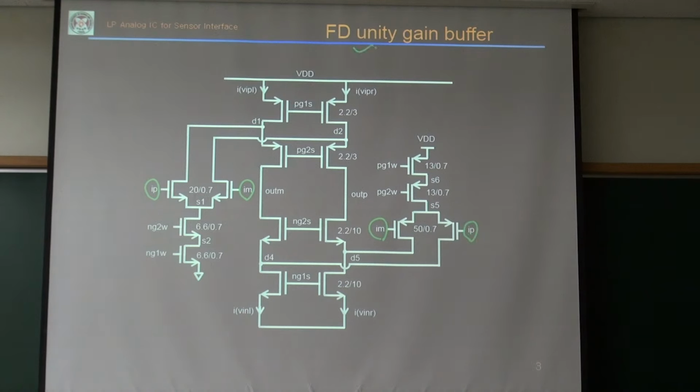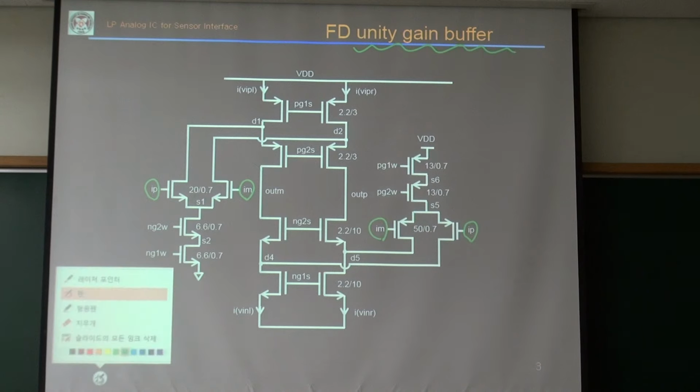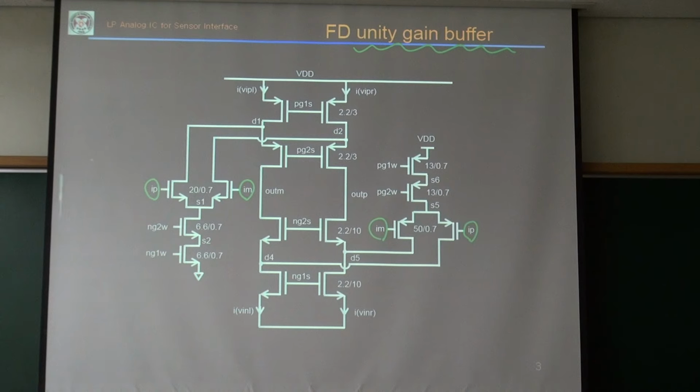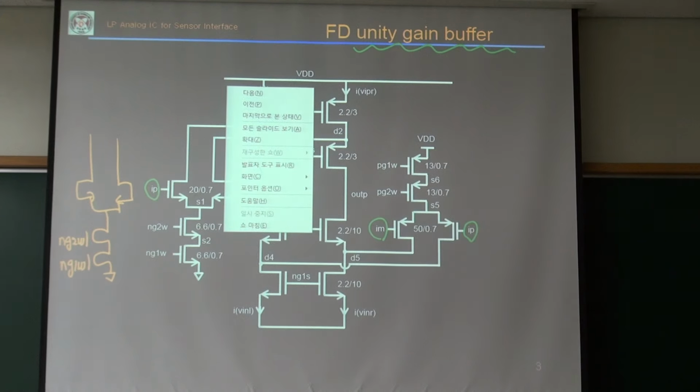To make a unity gain buffer, we added another differential pair. The current source must be separated, so we ought to make this one half.